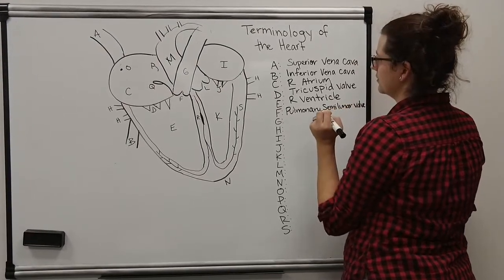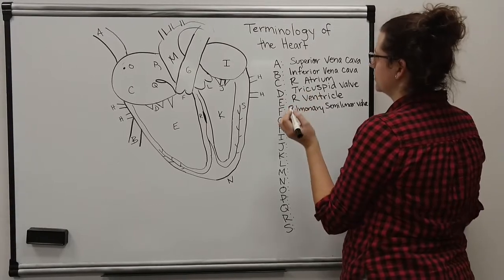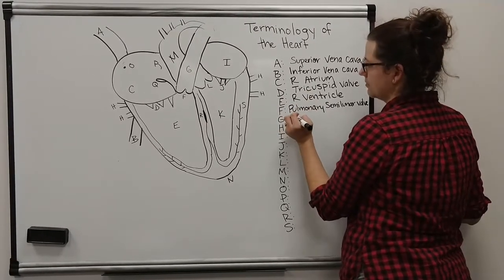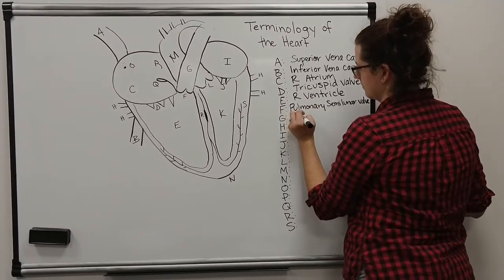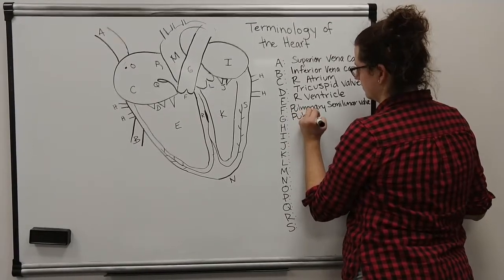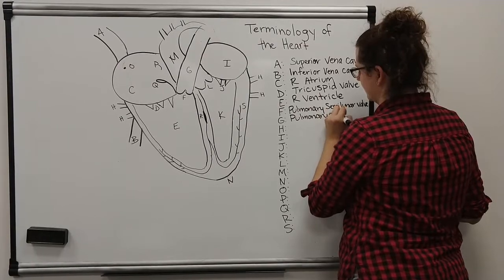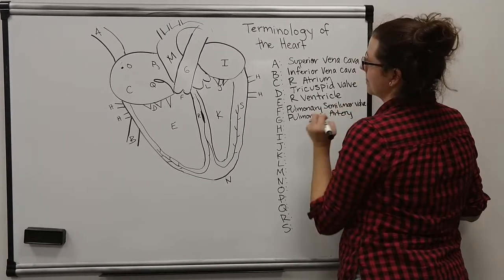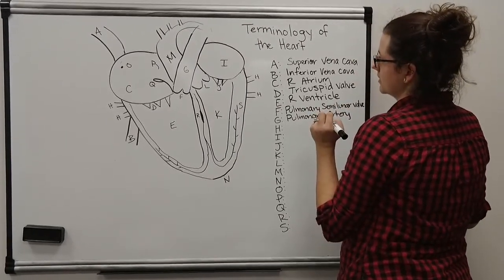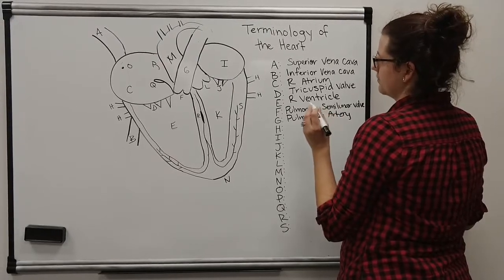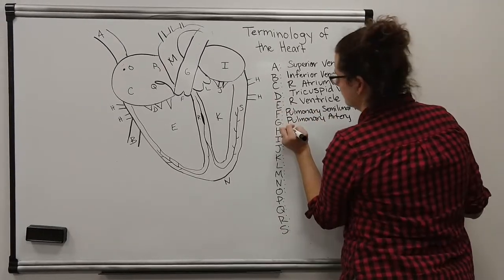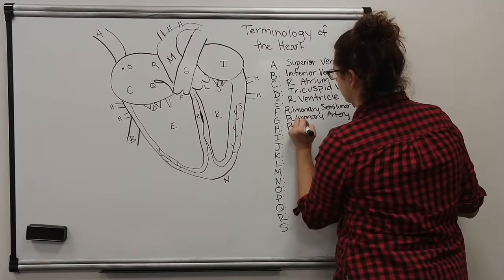Blood goes through the semilunar valve into G, which is the pulmonary artery or the pulmonary trunk. Blood then goes into the lungs, becomes oxygenated, and returns through H, which are the pulmonary veins.